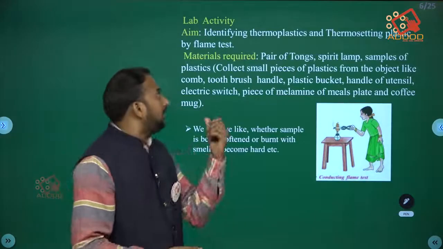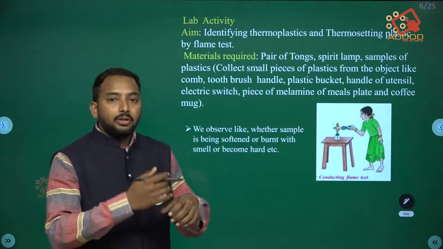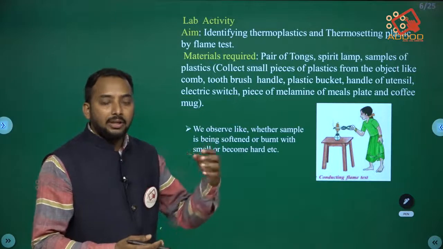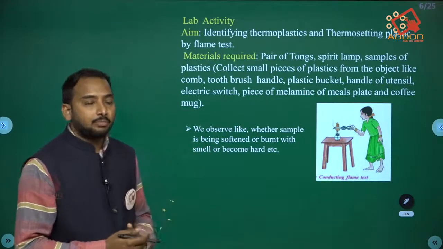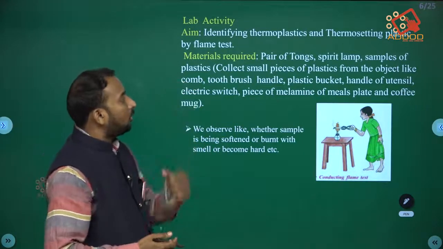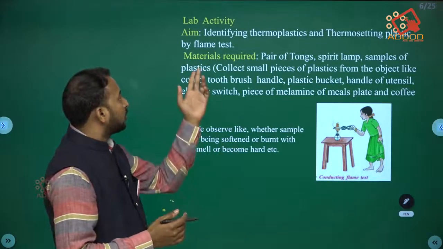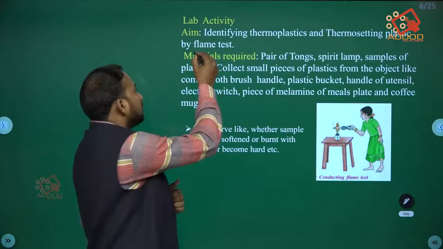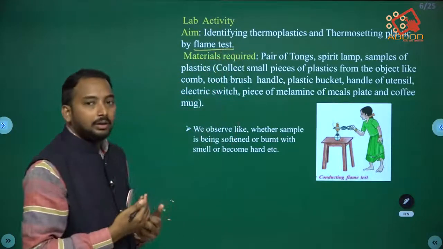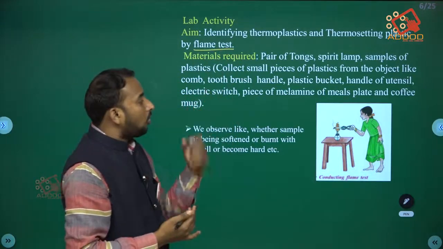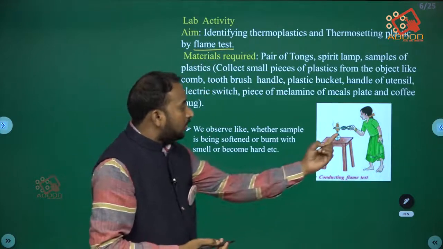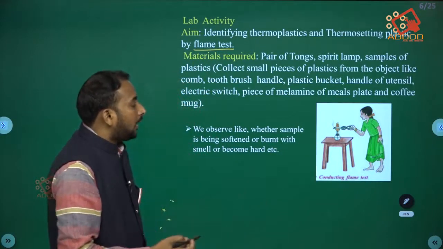Let us see the lab activity. In this lab activity we identify the thermoplastic and thermosetting plastic by heating, using the flame test. What materials are required for the flame test? A pair of tongs to hold the samples, and a spirit lamp.